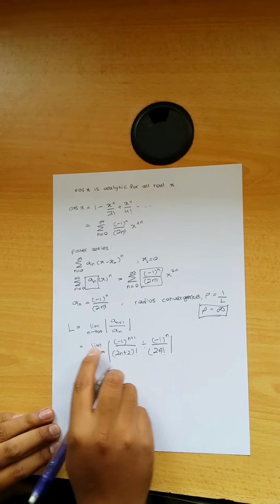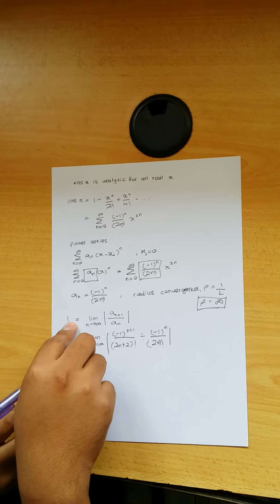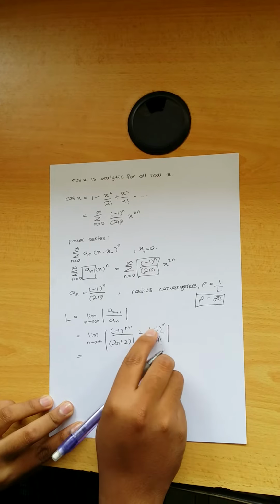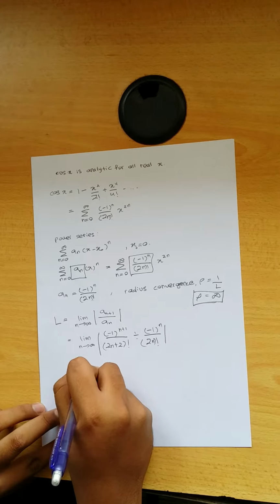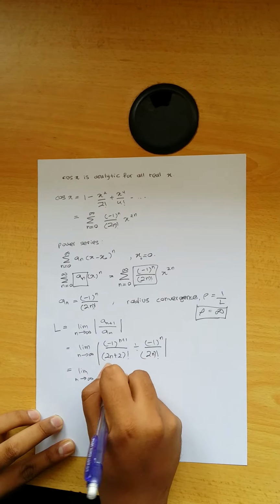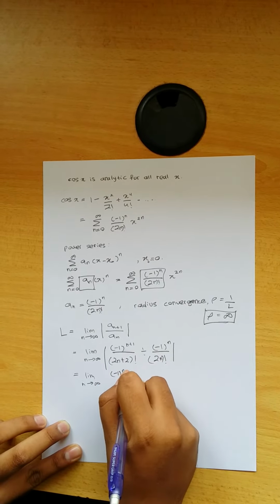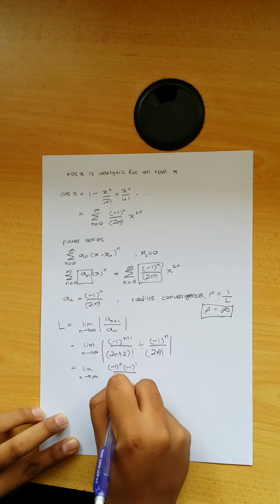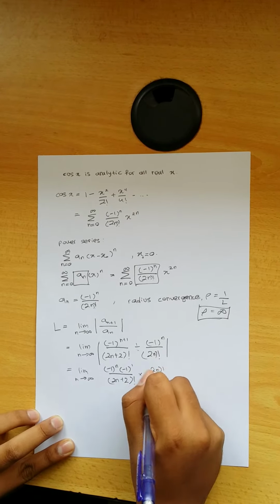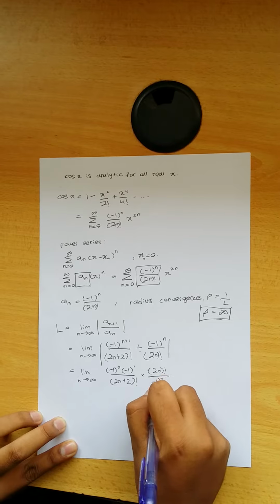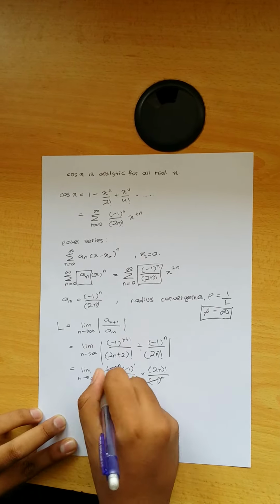We have to solve this first to get L. Since this is a division, we change it into multiplication. I split this into -1 over 1, then (2n) factorial divided by (2n+2) factorial, and (-1)^n over (-1)^n. This is the reason why I split, because we can cancel the power of n here.